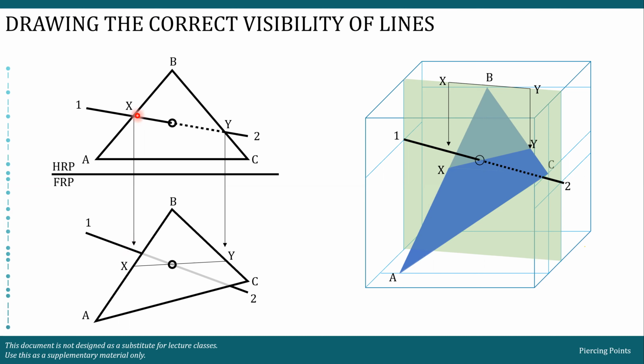In this certain scenario, una niyang matatouch itong 1, 2, di ba? Matouch niya yung 1, 2 bago niya, kapag in-extend mo pa, matouch yung AB. So, ibig sabihin, as seen from top view, 1, 2 is visible compared to AB. That's why, from this point hanggang dun sa piercing point, solid yung part ng 1, 2.